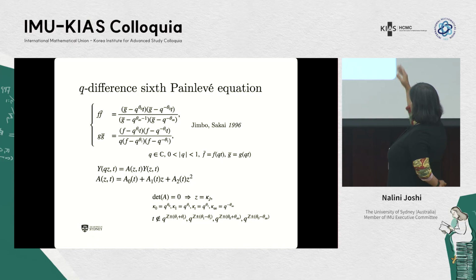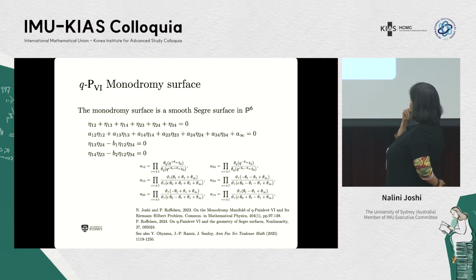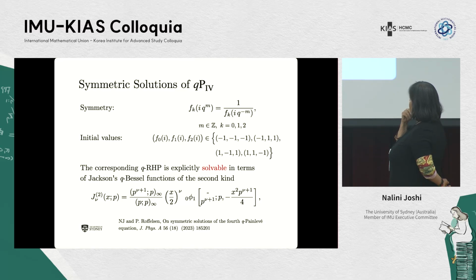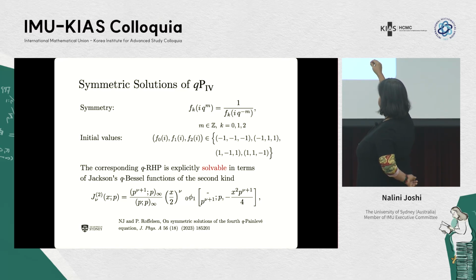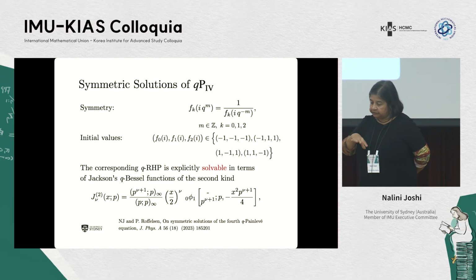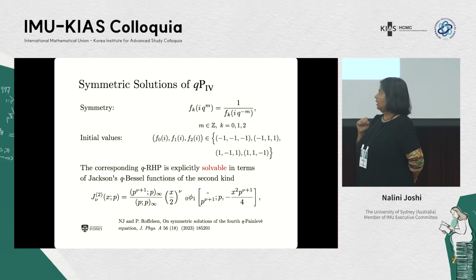There are certain initial values that correspond to those symmetric solutions. There are 4 such solutions, and you can show that the corresponding Riemann-Hilbert problem is explicitly solvable. There's a very rich structure here that has barely begun to be considered.